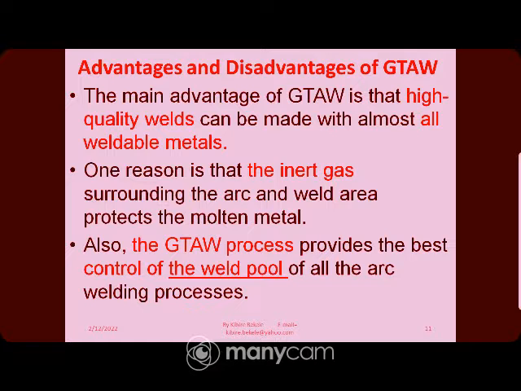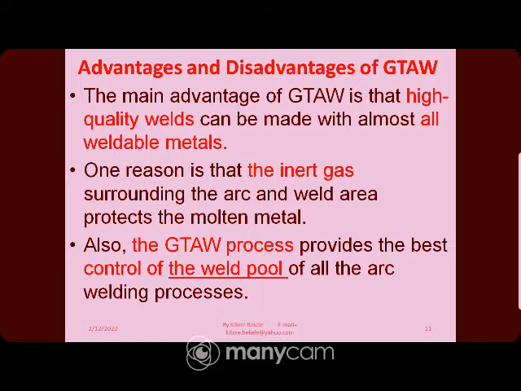The main advantage of the gas tungsten arc welding process is that high quality welds can be made with almost all weldable metals. It can weld all types of metal, even materials which are difficult to weld with other welding processes. So simply, one advantage when you are selecting this welding process is quality welding.